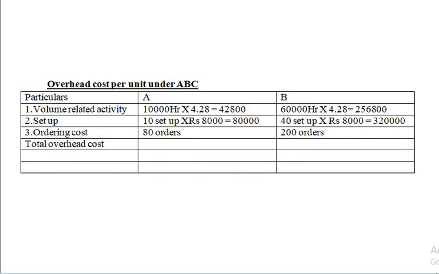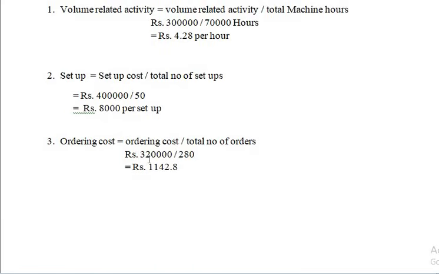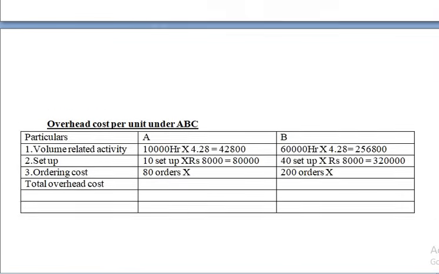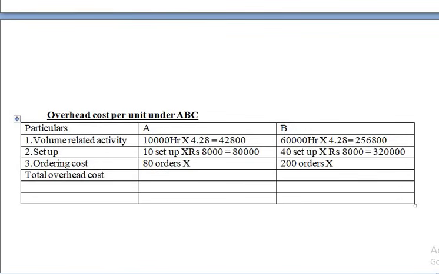So multiplied by cost per order. What's the cost per order? Cost per order. How much? Rupees 1,142.80 paisa.